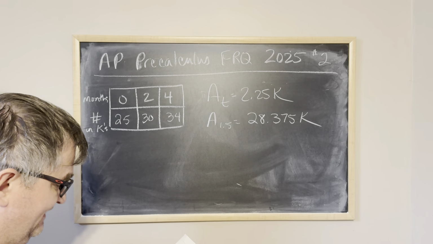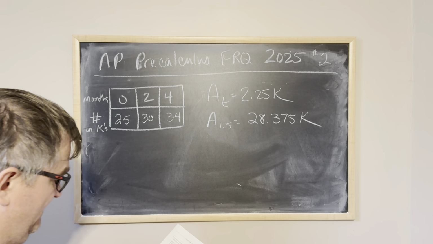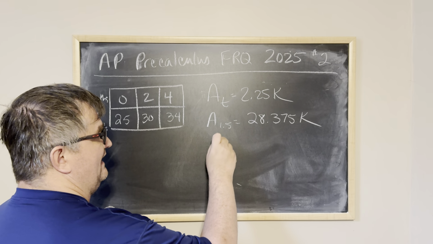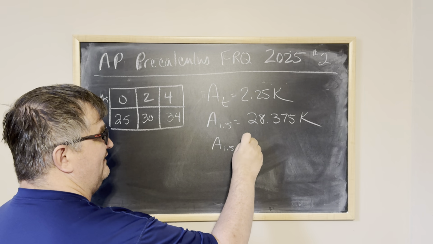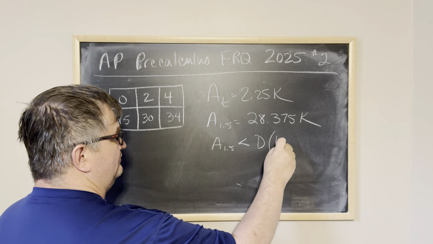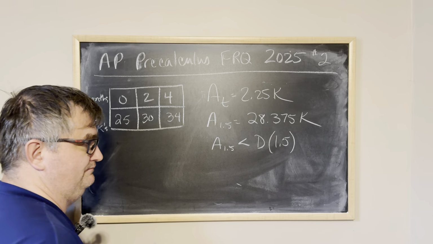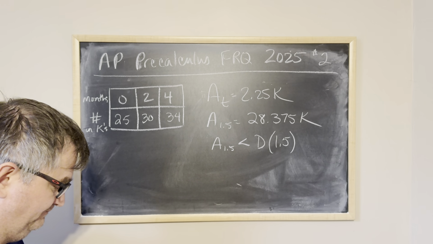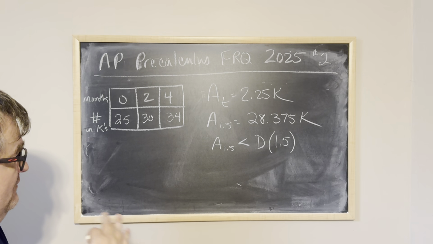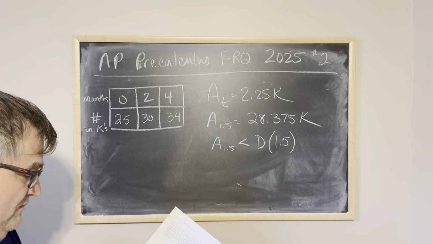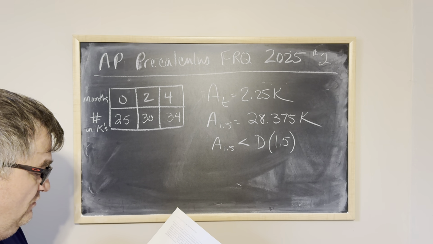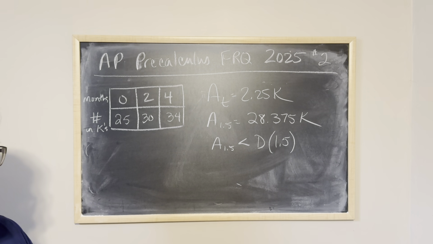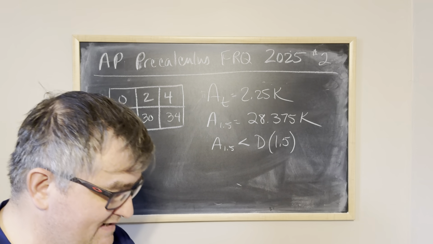Show that A 1.5 is less than the function D 1.5. So they're making the claim that A 1.5 is less than D 1.5. That's the claim. Explain why this is the case for the interval 0 is less than t less than 4. Your explanation should include a reference to the graph of D and its relationship to A of t.